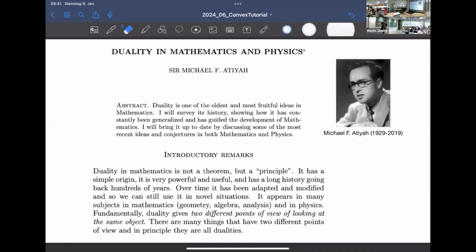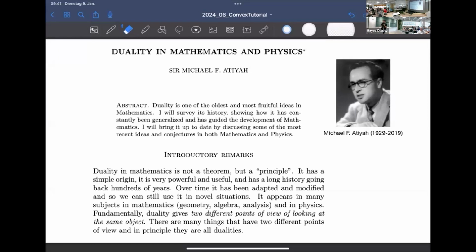In the introduction he says, duality in mathematics is not a theorem. It's not like KKT conditions or something like that, but a principle. It has a very simple origin, and it's very powerful and useful. We saw this yesterday, when Alex used it to do computational things. It has a very long history going back hundreds of years, and over time it has been adapted and modified, so we can still use it in novel situations.